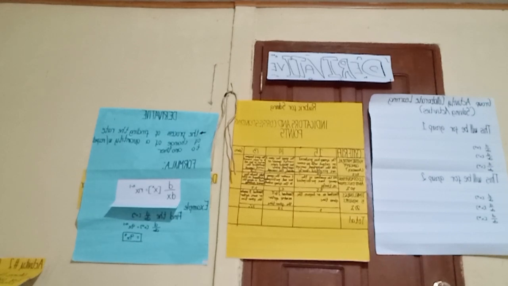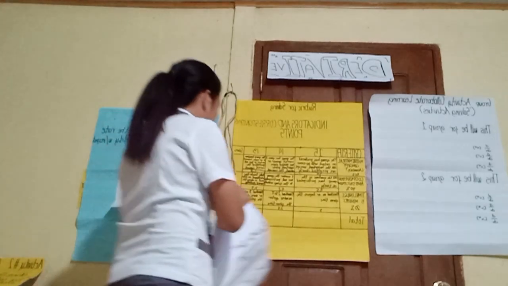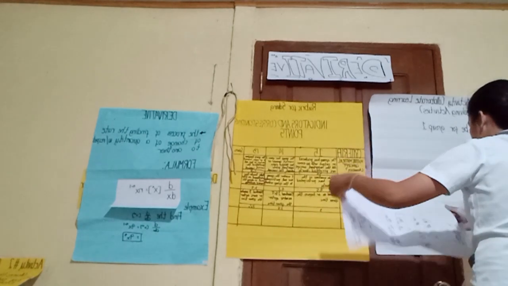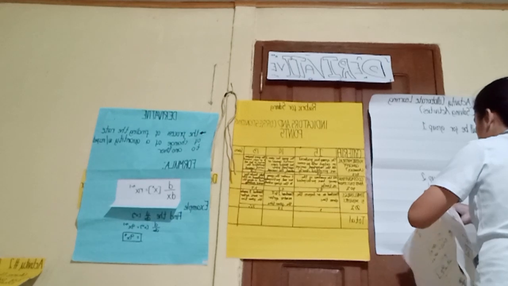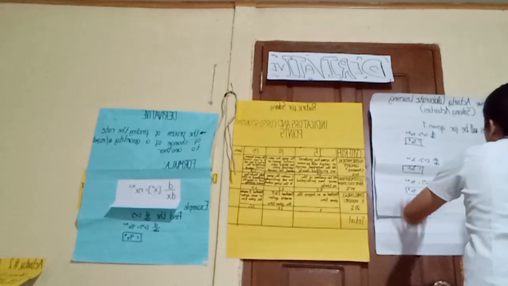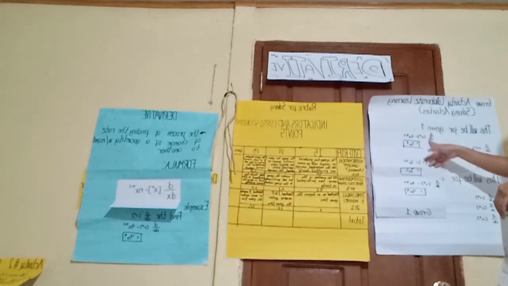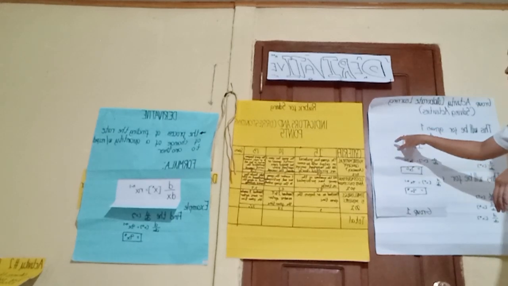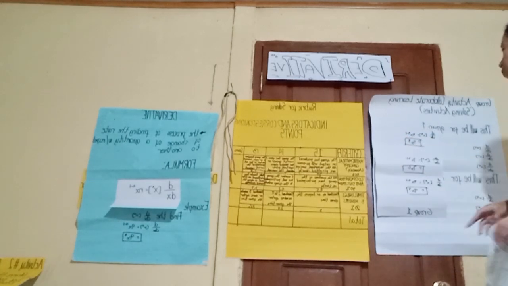The answer of group 1 is correct. The problem d over dx of x to the 5 equals 5x to the 5 minus 1, which is 5x to the 4.